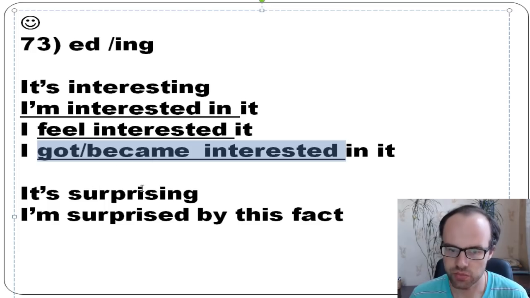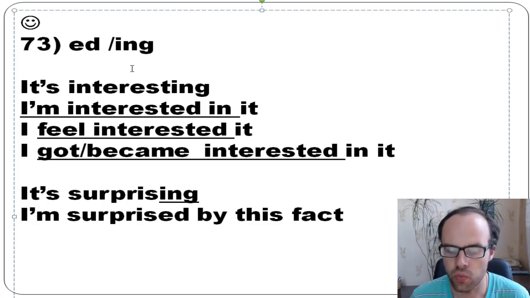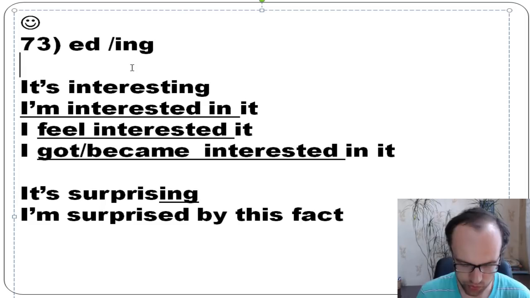Look, it's surprising. Yeah, so we describe it. When we use ing, we use ing when we describe some things.